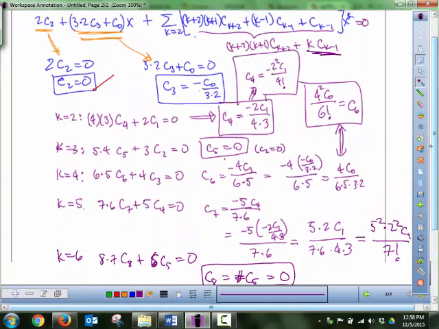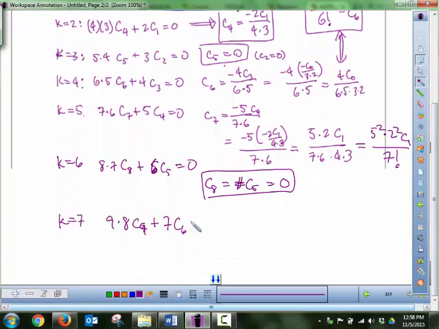So that's K, C sub K minus 1, equals 0. So now we can solve for C sub 9. C sub 9 is equal to negative 7 C sub 6 divided by 9 times 8.